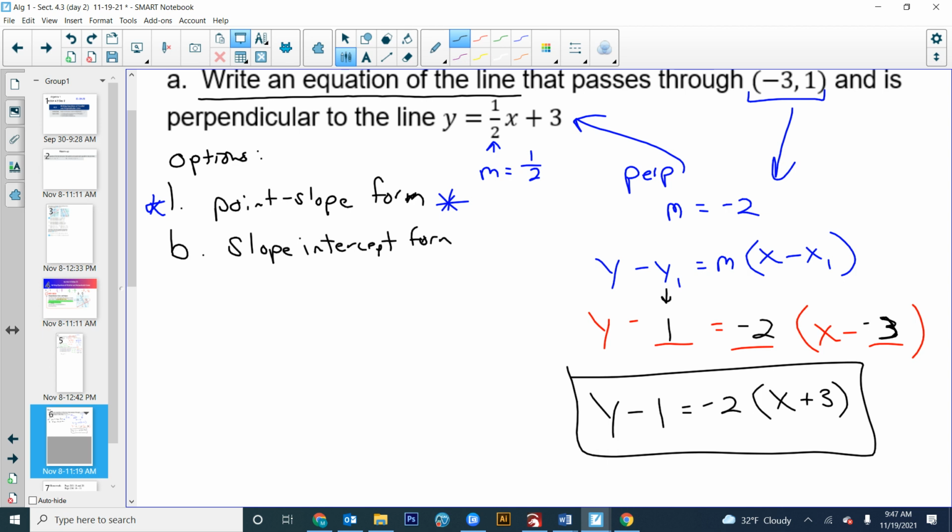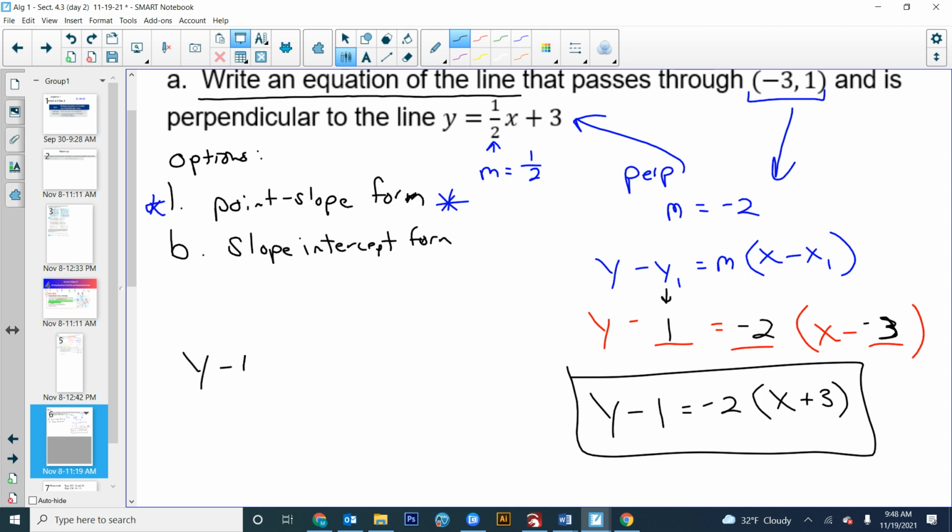Mr. Westfall, am I going to need to put that into slope-intercept form? You could. But did it tell us to do that, or did it just say write an equation of a line? Isn't that the equation of a line? What would you have to do if you wanted to put it in slope-intercept form? Multiply -2 by x and by +3.